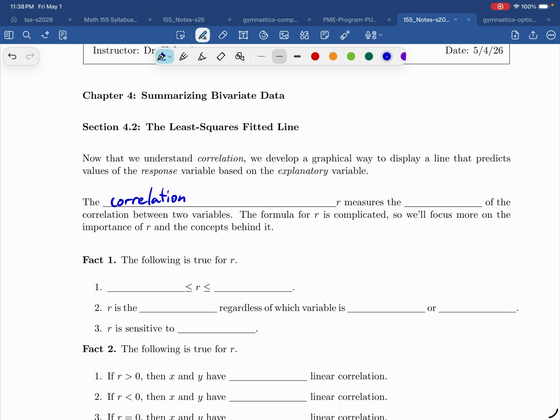correlation coefficient, the correlation coefficient, R, which measures the strength of the correlation between two variables. The formula for R is quite complicated.